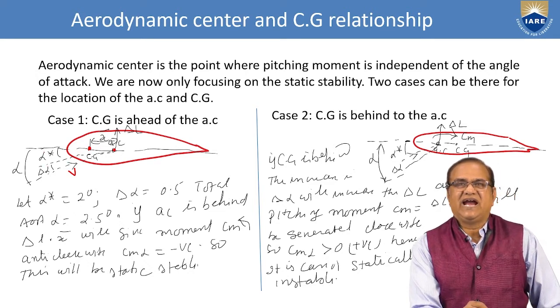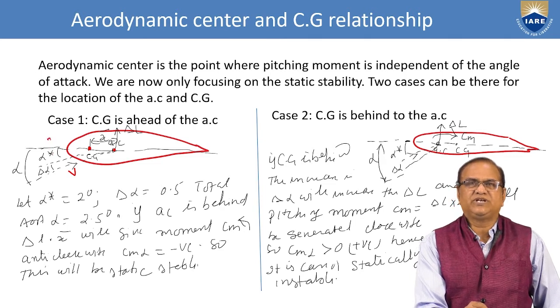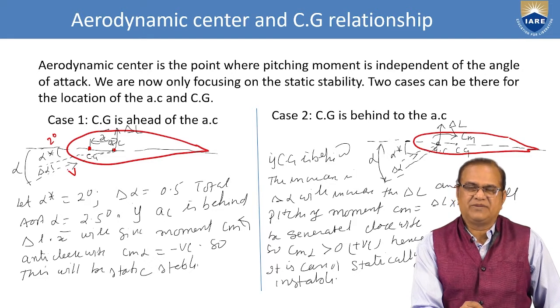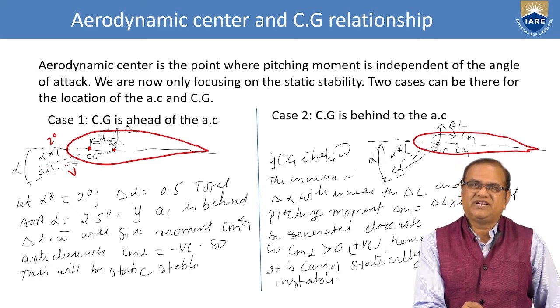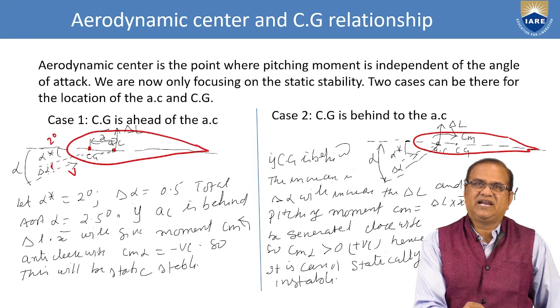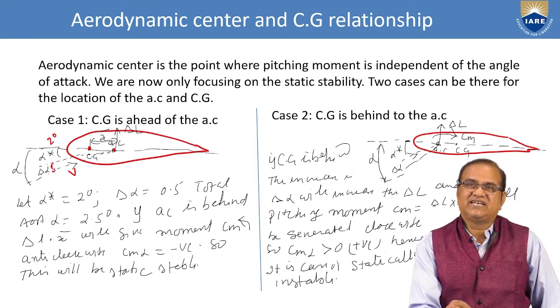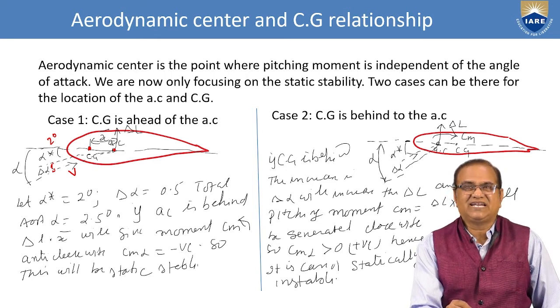and initially it was at alpha star. Assume it is 2 degrees, and all of a sudden one gust came and a 0.5 degree increase of angle of attack took place, and that is the delta alpha. This delta alpha will generate a delta L force here, and this delta L into x will generate a moment.